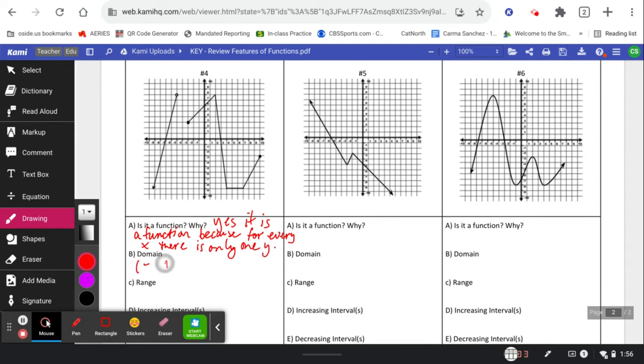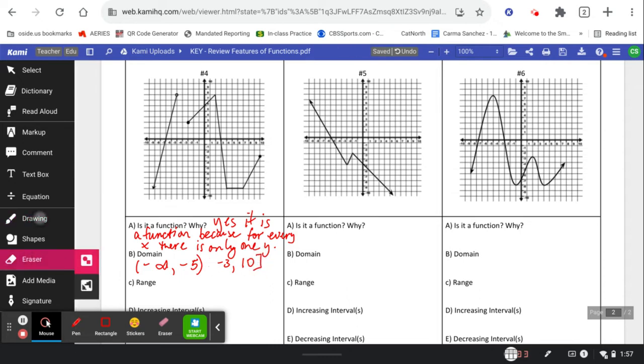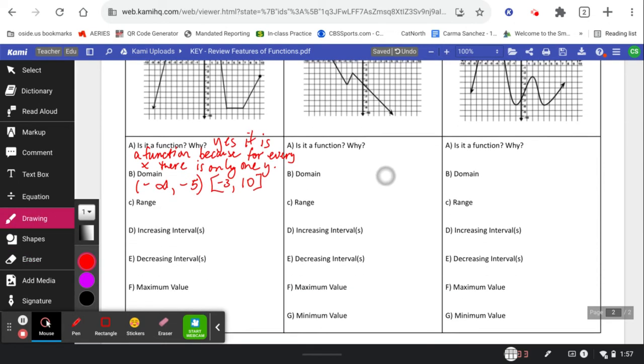It goes from negative infinity up to -5, both open bracket because of the open dot and the infinity. And then it goes from -3 to 10. And these are both closed brackets because of the closed dots.